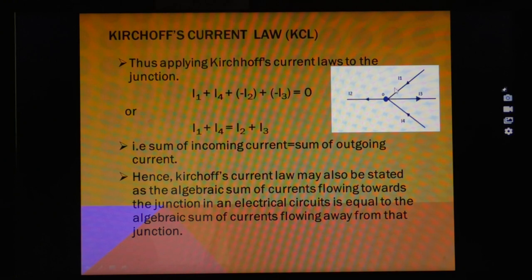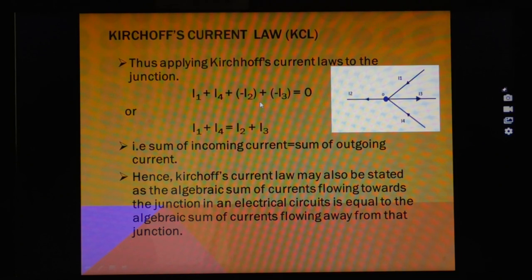It means I1 plus I4. But the sign convention for I2 moving away from O, I3 moving away from O, so I2 and I3 are taken as negative.